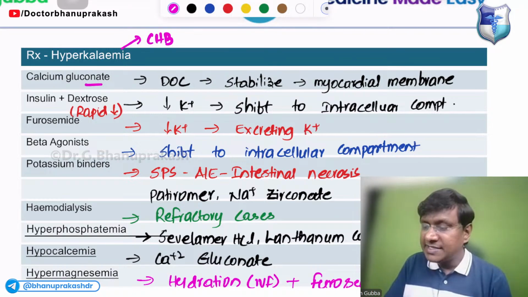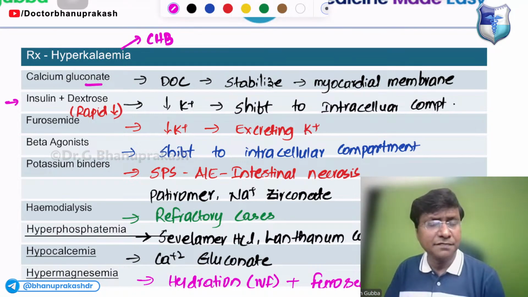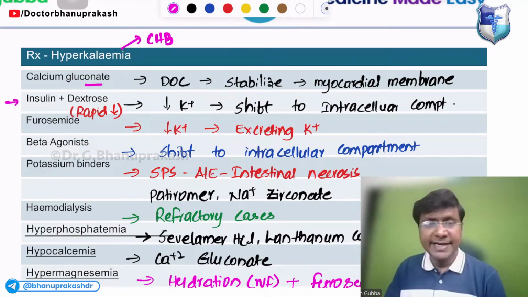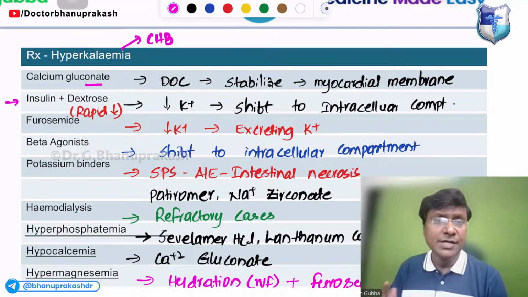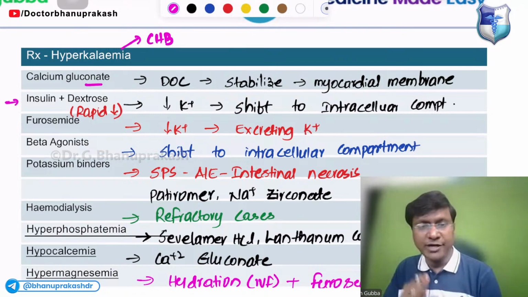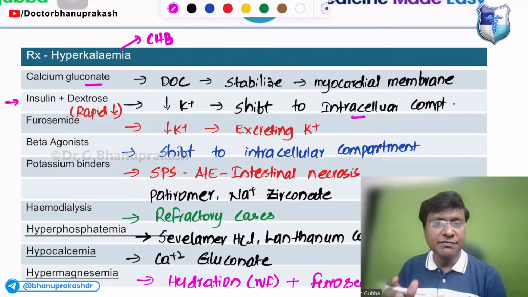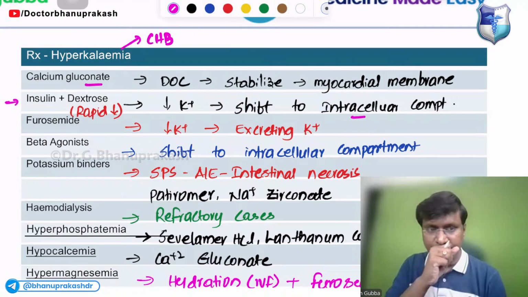But what is the particular drug which will cause rapid reduction of the potassium? It is observed whenever you give insulin along with dextrose, right? So insulin plus dextrose is the one which will cause rapid reduction of the potassium. This insulin will cause the shift of potassium from the extracellular compartment to the intracellular compartment.